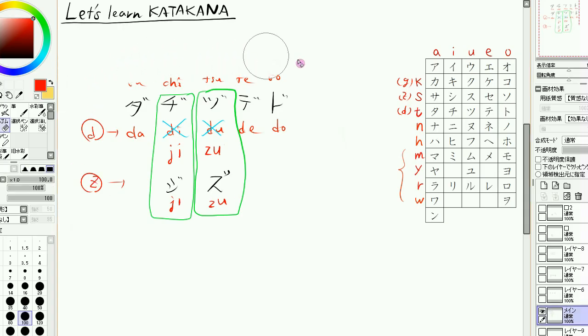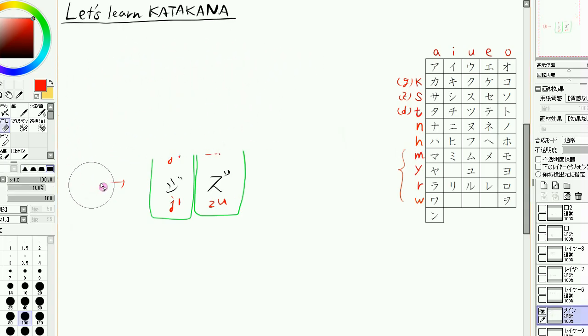Okay. How about others? Do we have other voiced sounds? Well, definitely. Yeah, it's B sound. We have to find a B sound. But what is the unvoiced version of B? This one is voiced. So, what is the unvoiced? Yeah, you know, it's P. But if you see these consonants, we don't have P. So, here's what is very unique in Japanese.